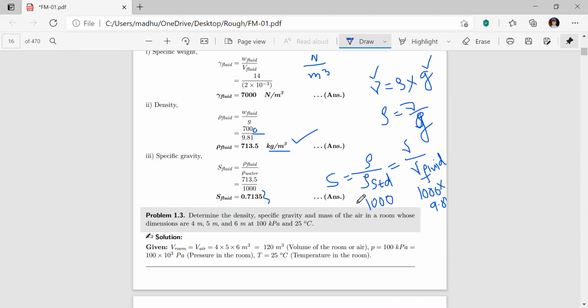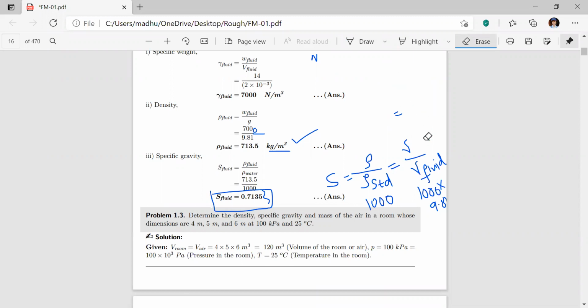So specific gravity is a dimensionless parameter. So the numerator and denominator physical quantities, physical dimensions are the same. Therefore, we don't get any units for the specific gravity. So the specific gravity of the given fluid will be 0.7135. So this is how we have solved the problem.